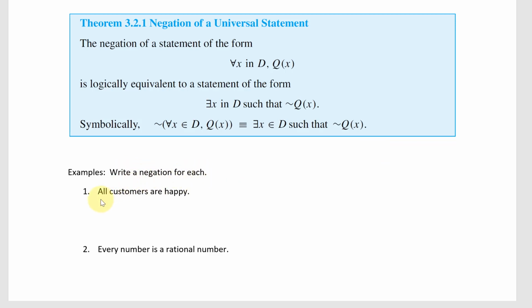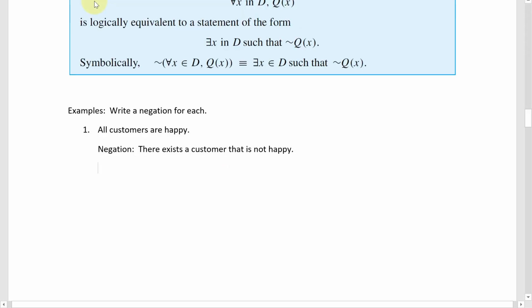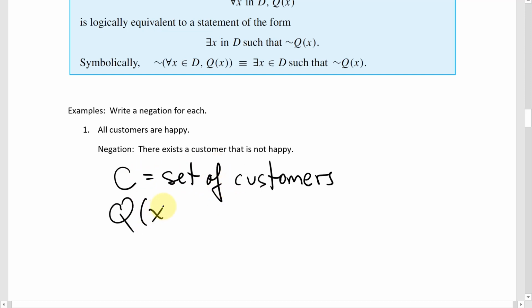The first one, all customers are happy. We could say in just everyday language, informally, there exists a customer that is not happy. To write this in some kind of formal notation, we might do something like C is the set of customers. And we might create a predicate that is, X is happy, Q of X. So that would be true or false depending on who that X is.